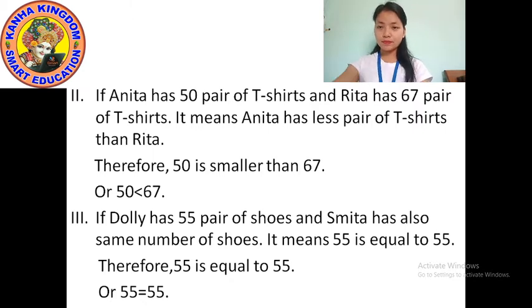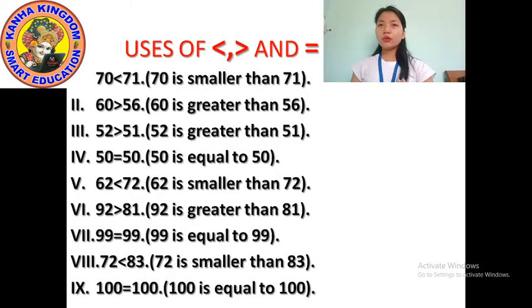Okay, now we are going to see some uses of the symbol of greater than, the symbol of smaller than, and the symbol of equal to. Now see number 1. 70 is smaller than 71.